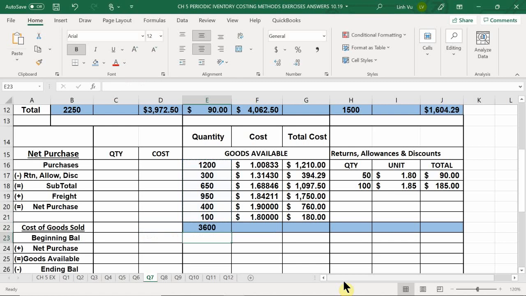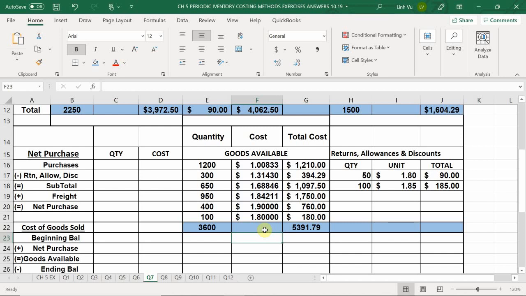$3,600. Okay. With a total cost of $5,391.50.